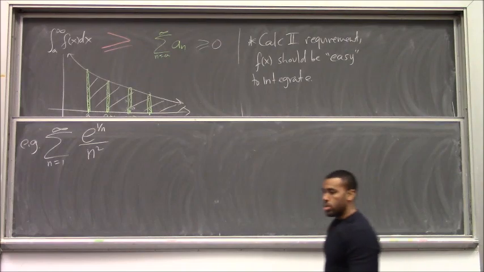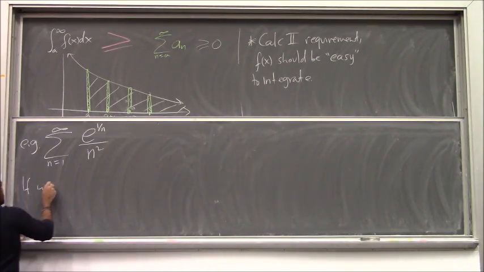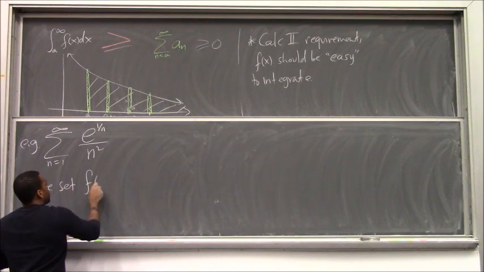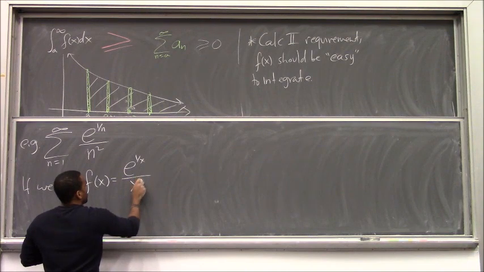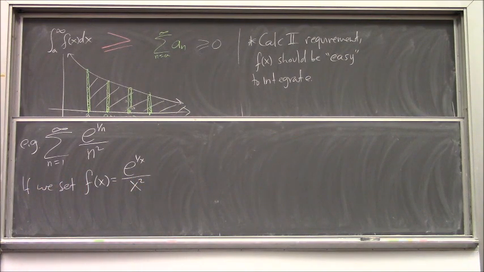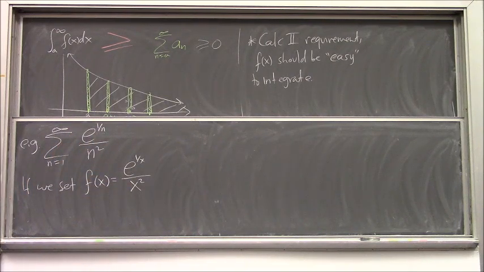However, you can notice the following fact. If we set f of x to be equal to e to the 1 over x over x squared, I'm not thinking of it as a series. Don't think of this as a sequence, think of it as a function. So pretend that x can take on any value, not just integer values.